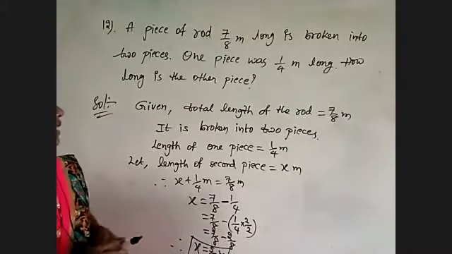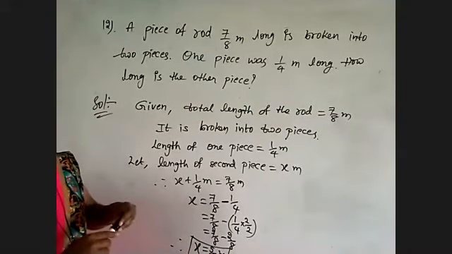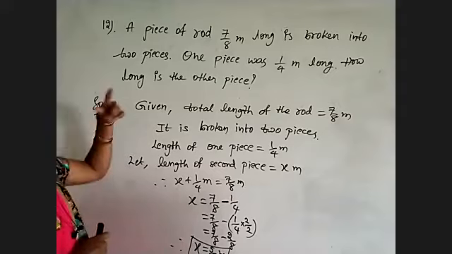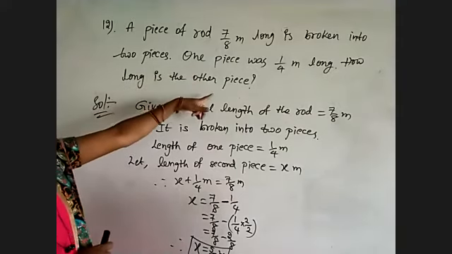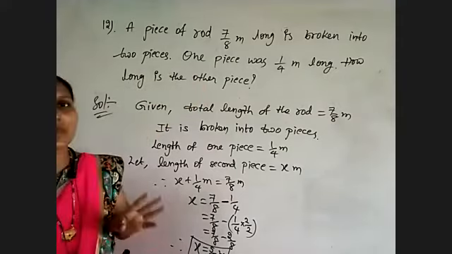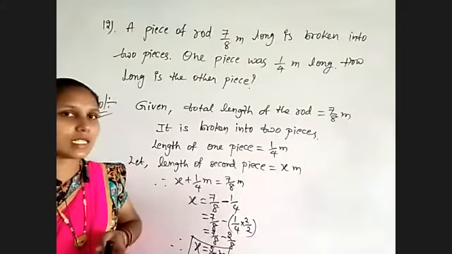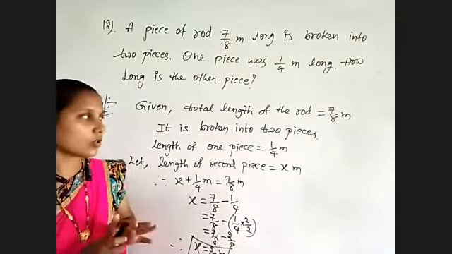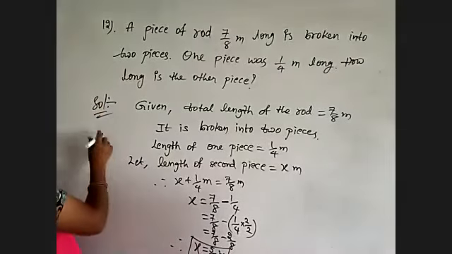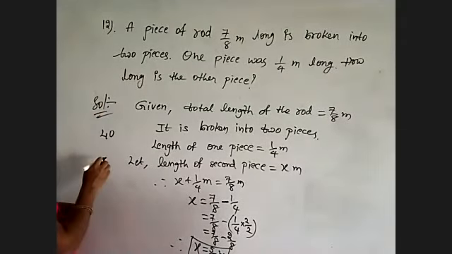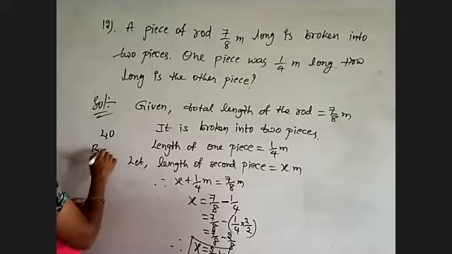So here also they are asking a question related to subtraction. Total length of the rod is given, and one length they are asking. Suppose the total strength of the class is equal to 40, total children in the class is equal to 40, and in that, boys are 25.